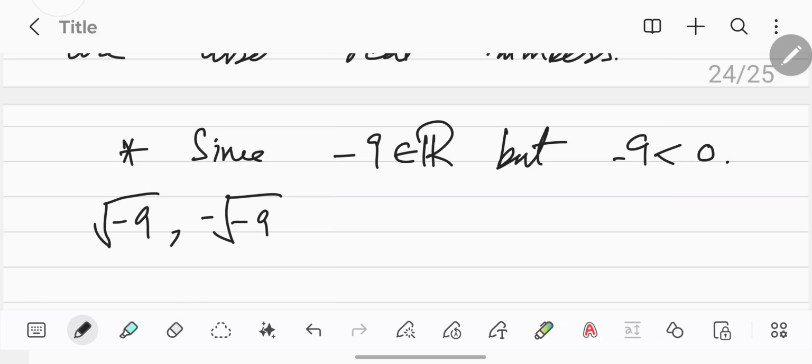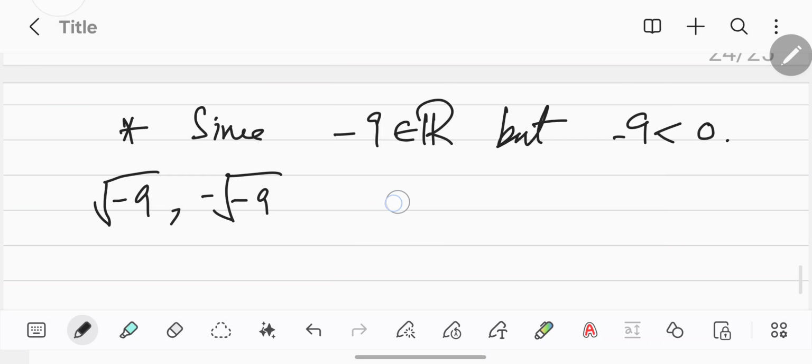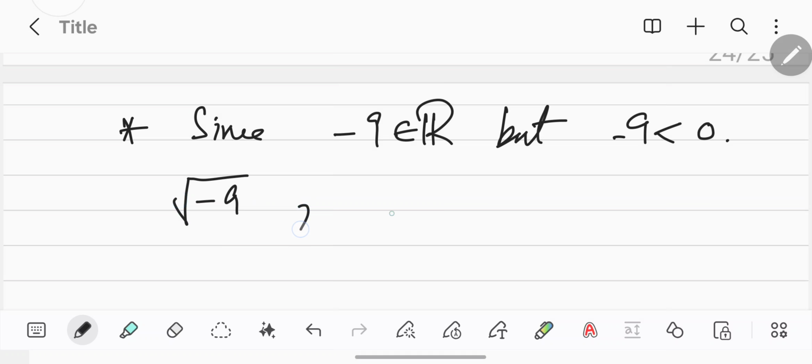This means the square root of negative 9 is 3 iota. Let's look at how we can find it. First of all, we have to find two square roots of negative 9, the one with plus, the other one with minus.